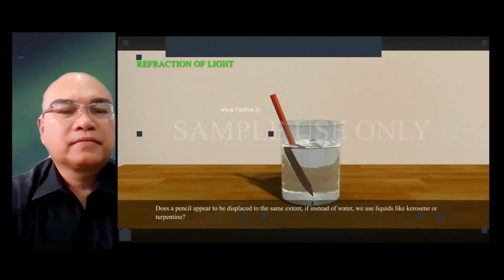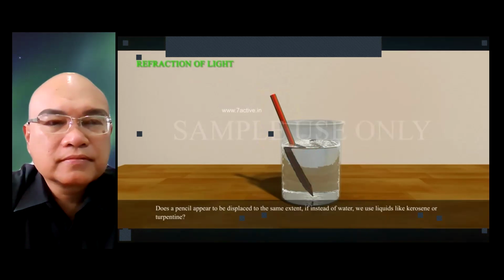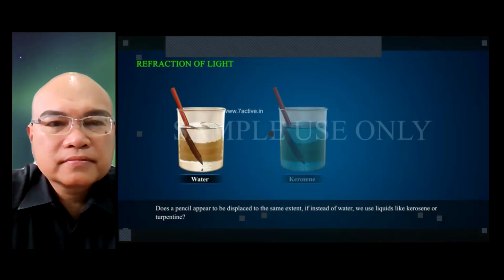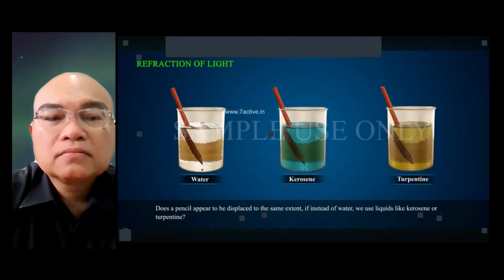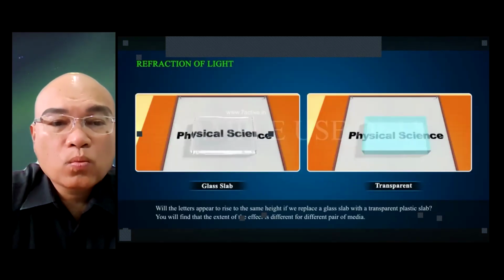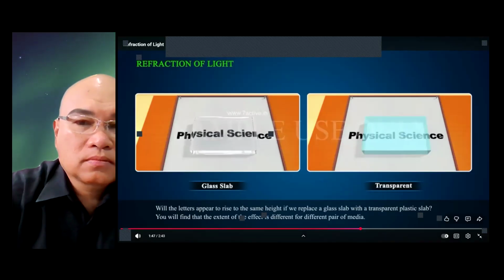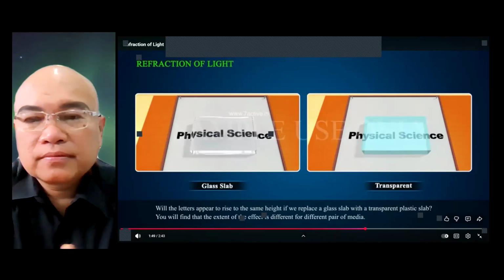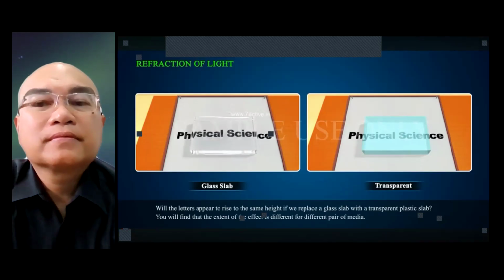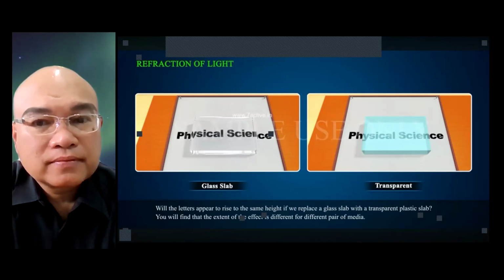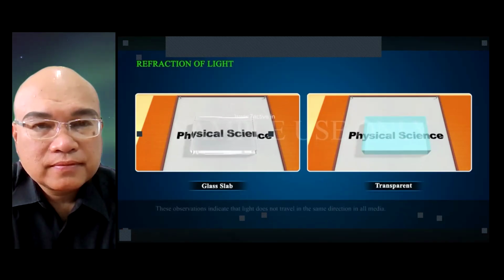Does the pencil appear to be displaced to the same extent if instead of water we use liquids like kerosene or turpentine? Will the letters appear to be raised to the same height if we replace a glass slab with a transparent plastic slab? You will find that the extent of the effect is different for different pairs of media.